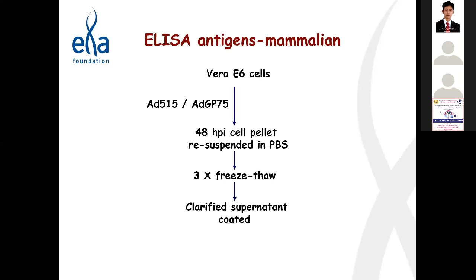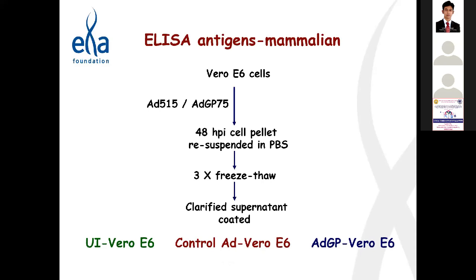So we generated our own ELISA antigens for this purpose by infecting Vero E6 cells with either the control virus or the GP expressing AD vector. And 48 hours post-infection, the cells were lysed. The cell pellets were freeze-thawed 3 times, and then we took the clarified supernatant, coated it, and used it as ELISA antigen.